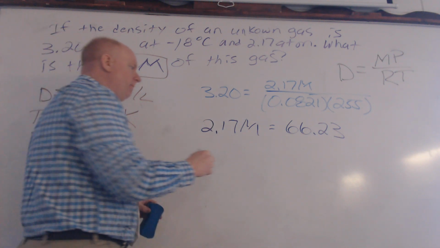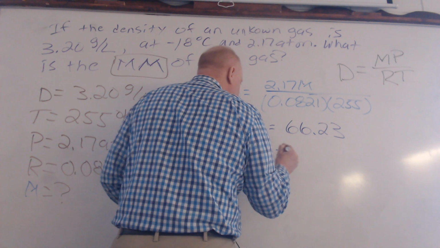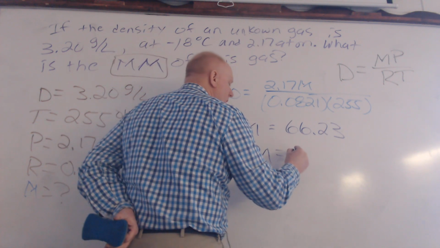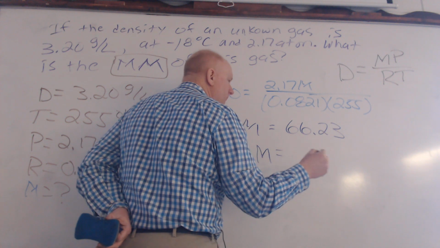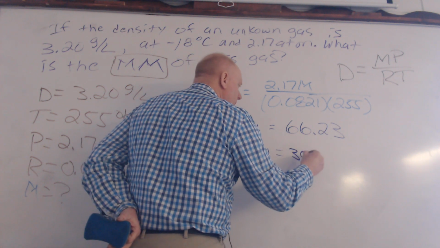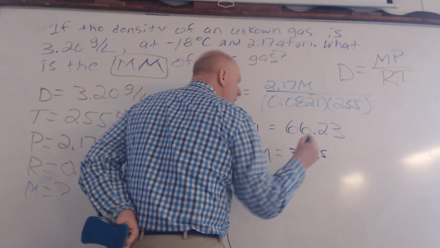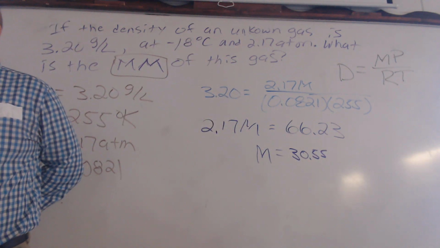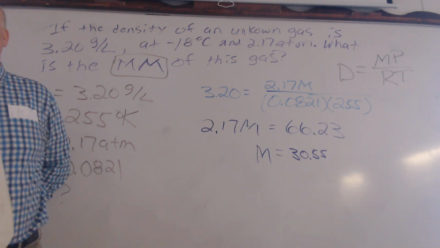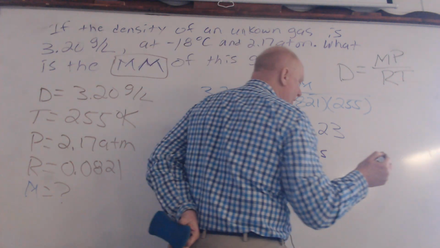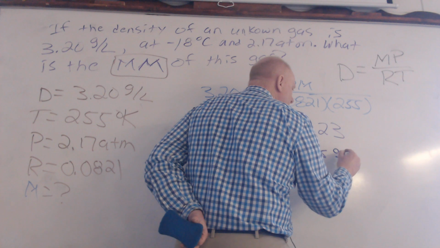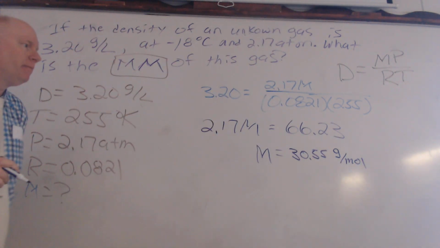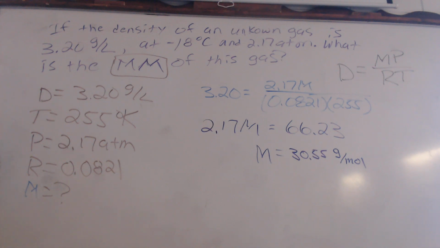Divide each side by 2.17. 34.55. And since it's a molar mass, it's measured in grams because it's a mass. So what's the mole part of it then? Divided by, what is it, grams of mole? Oh, grams per mole.